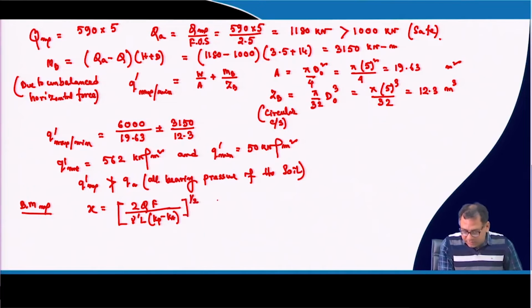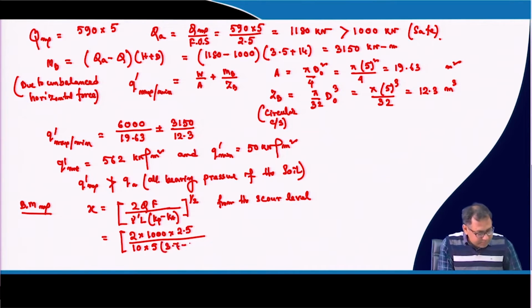Okay? This x is from the scour level. So, now if I put these values, this is 2, q is 1000, f is 2.5, then gamma dash is 10, L is again 5 which is the diameter, then 3.7 minus 0.27, then to the power half. So, this is 5.2 from the scour level.